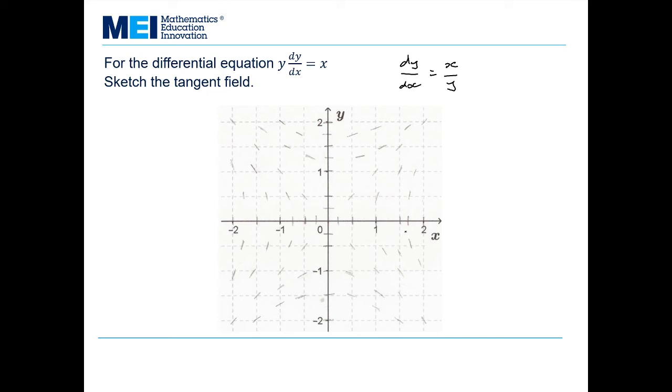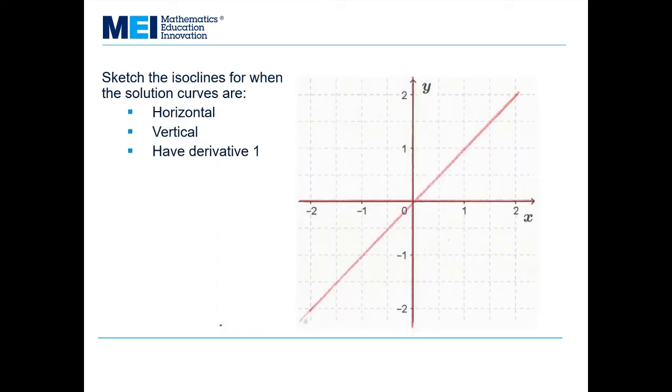Now the next part of the question invited me to find the isoclines, so the lines where the gradients were horizontal, vertical, and have derivative 1. Well, I've just seen from my tangent field that the gradient is horizontal on the y-axis, the gradient is vertical on the x-axis, and the gradient is 1 all the way down on the line y equals x.